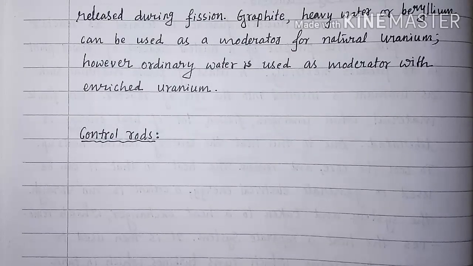These control rods absorb the neutrons when inserted into the nuclear reactor. If the neutrons are absorbed, then the number of neutrons taking part in chain reactions reduces.